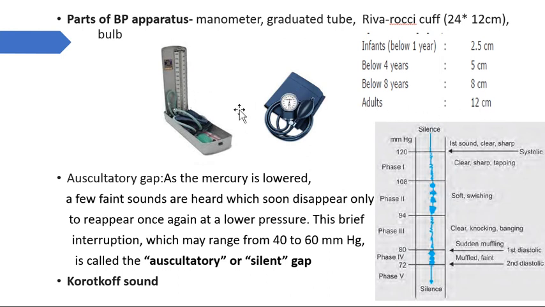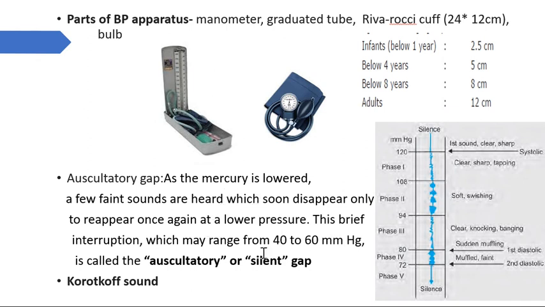These are two BP apparatus you can see: this is the mercury manometer and this is the aneroid sphygmomanometer. One more very important question is the auscultatory gap. As the mercury is lowered, a few faint sounds are heard which soon disappear, only to reappear once again. This is the auscultatory gap.